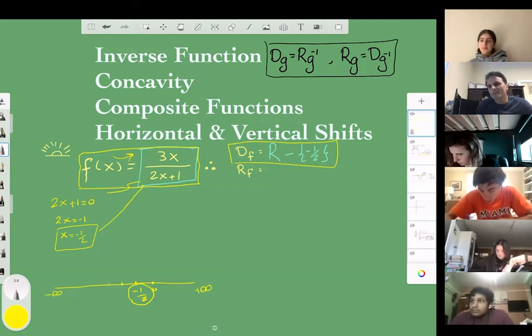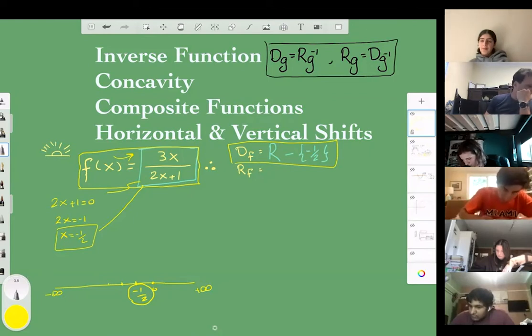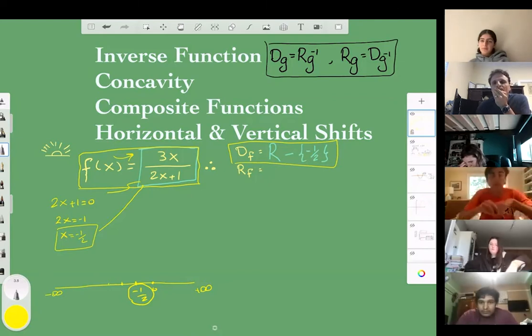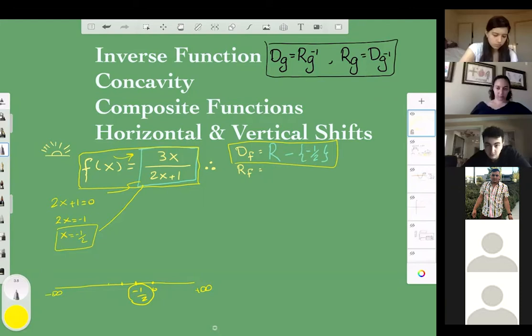What's the range of this function? Lindsay? What's the range? Is the range x is equal to 3/2?